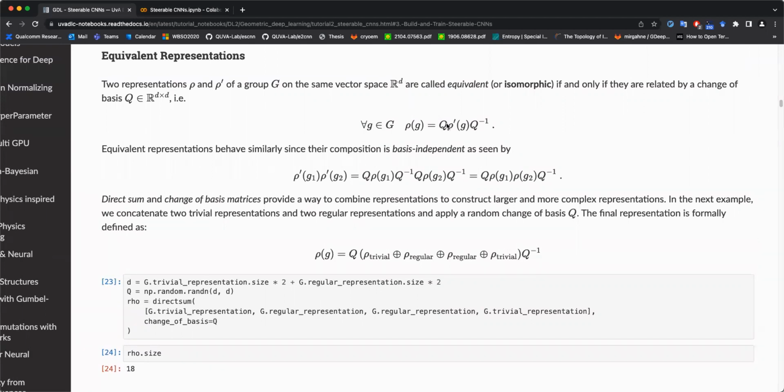So we can take a representation, left and right multiply by some invertible matrix Q, and we obtain a new representation, rho and rho prime. We consider them equivalent. You can imagine that they essentially model the same type of transformation, but in a different basis. They just differ by the choice of basis for the vector space they operate in.